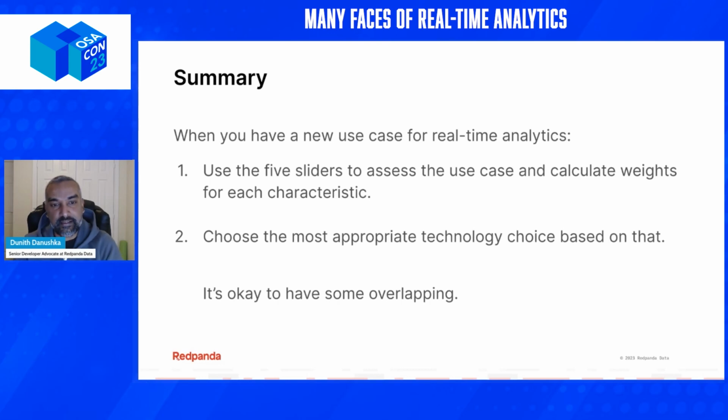And if you do that a couple of times, you can choose the most appropriate real-time analytics technology for your next project. Like I mentioned, there's no clear-cut way of separating that out. But if you're starting from scratch and have no background in real-time analytics, these five sliders and four buckets will serve as a starting point for you.